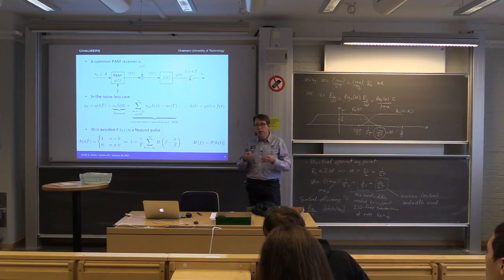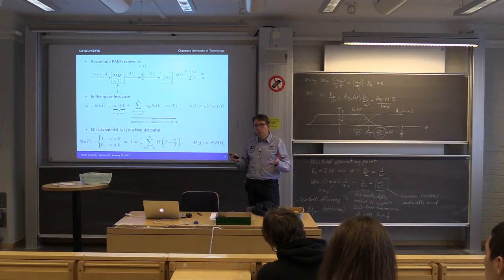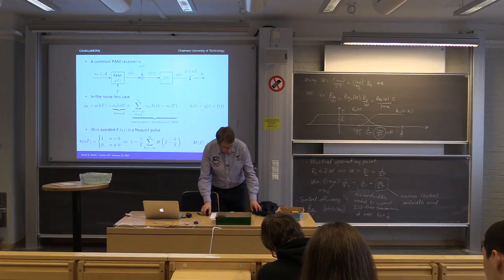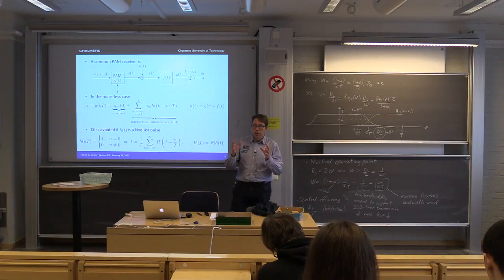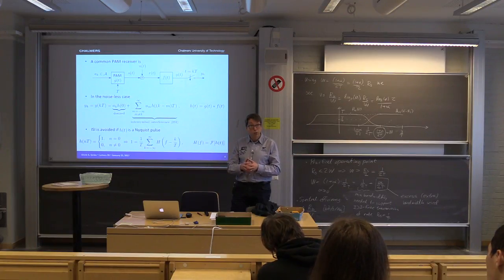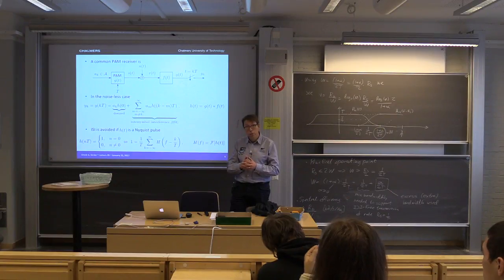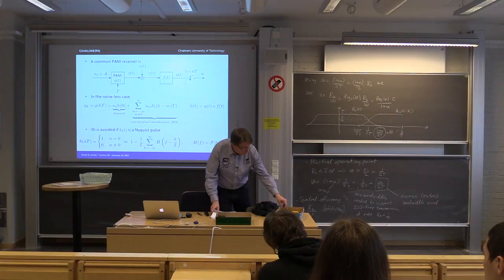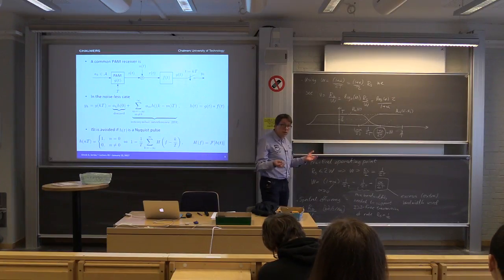Luckily, it's fairly easy to go from H to G and F in this case. We will do that by picking G and F connected to each other in a very specific way, which is called matched filtering, which is also a very important topic here. So let's talk about matched filters before we talk about how to design G and F.